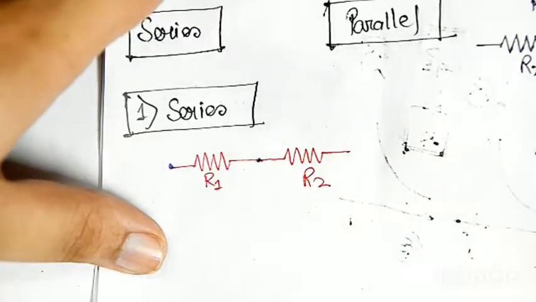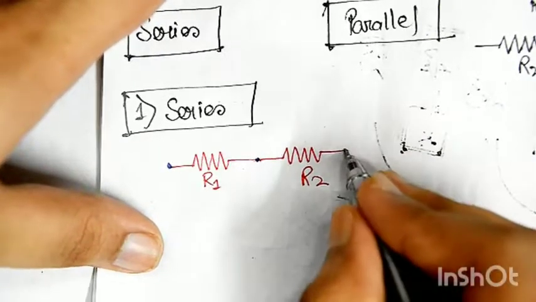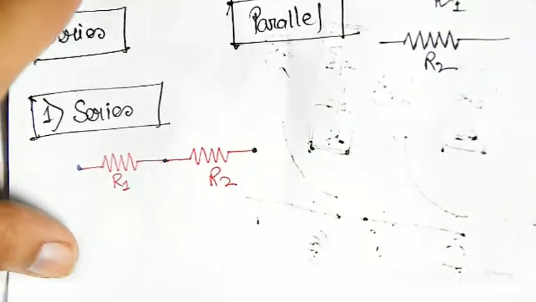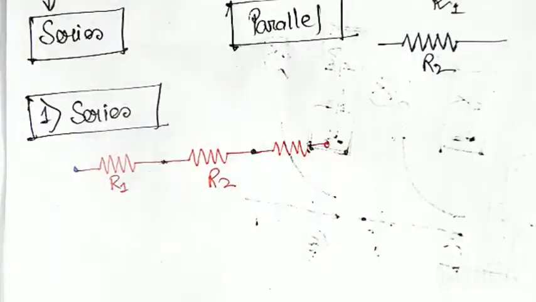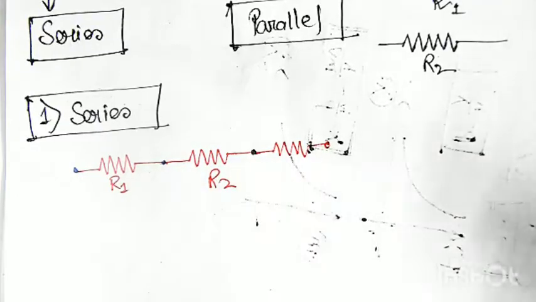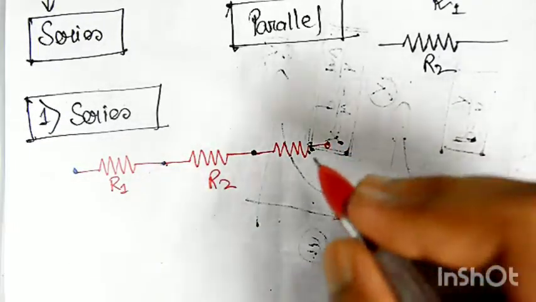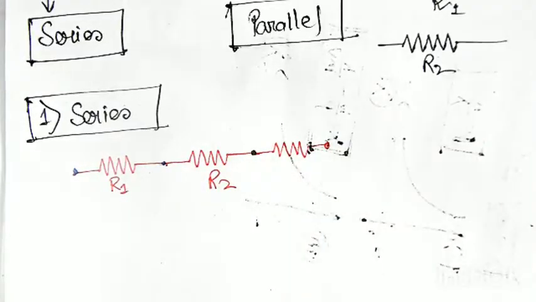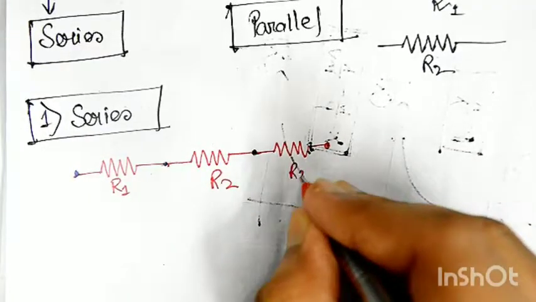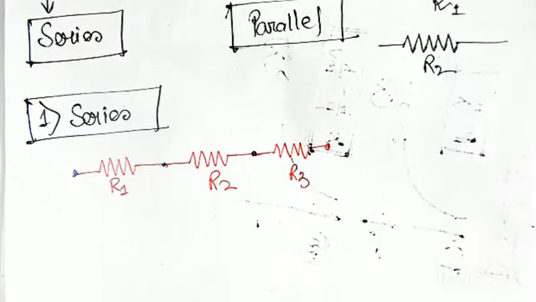If I am given more resistances, I will keep on joining them one after another. So in series connection we join one resistance after the end point of another. The first and the last points remain free. It is R1, R2, R3 and so on.